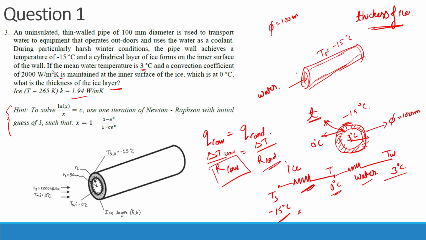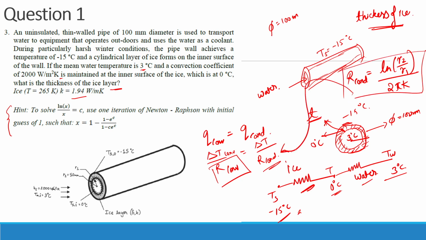The conductive resistance for the cylinder is ln of R2 upon R1 upon 2 pi k. So you have to use this formula, and you will get the solution. Right now it is around 7:42. I will discuss the solution at, let's say, 7:50, so you can try solving within that time.